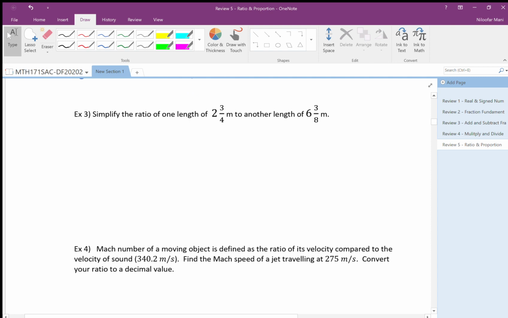Okay, so for example, let's say I have a window and a door, and I want to just compare the length of them.